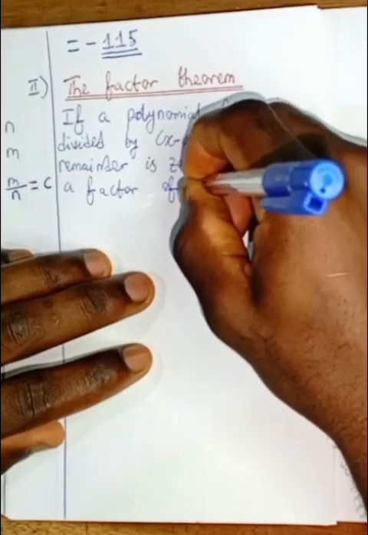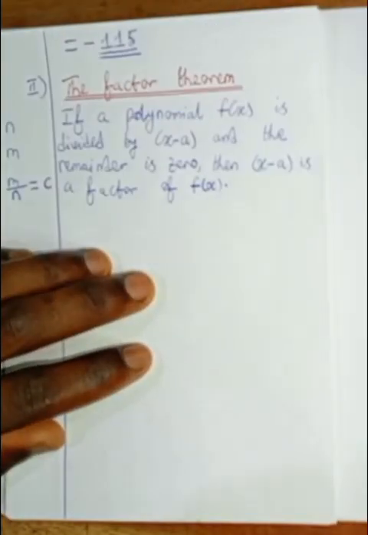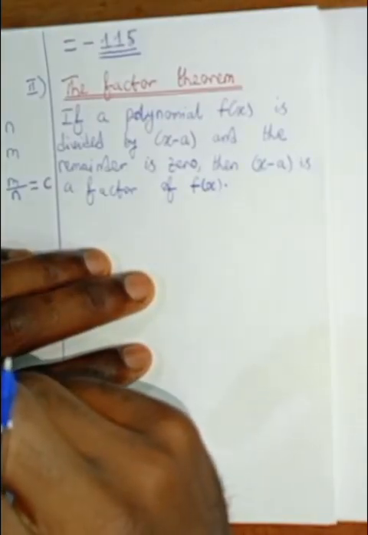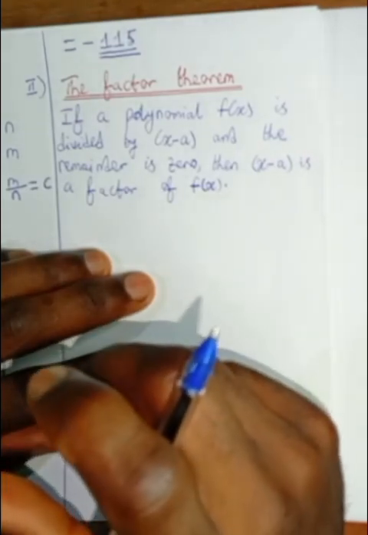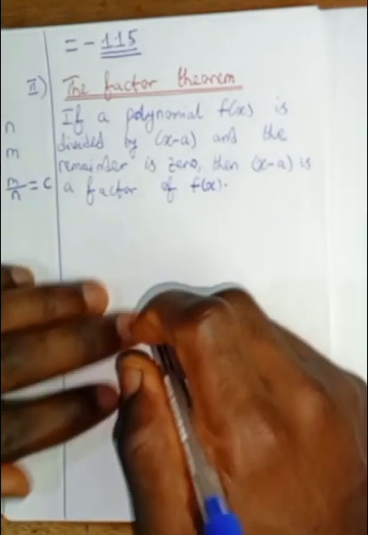That means in this case, after performing the division, we obtain only the quotient, since the remainder will be equal to 0.